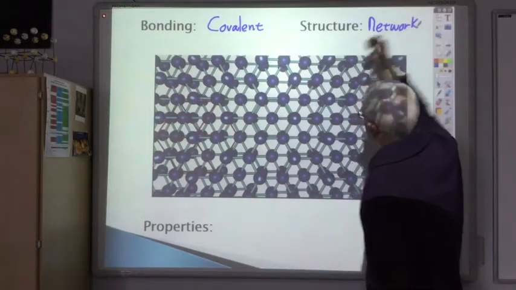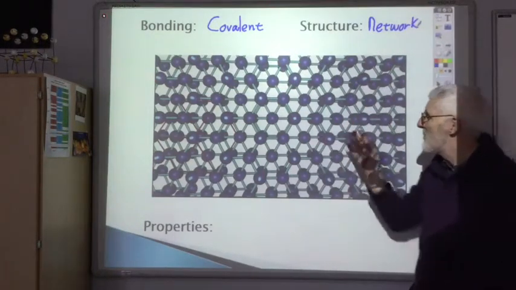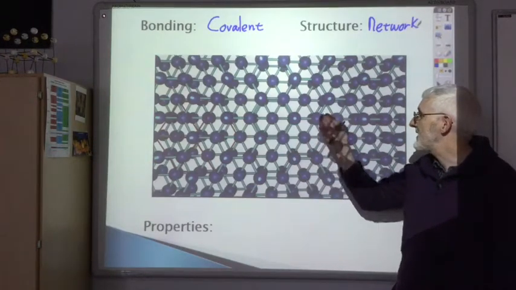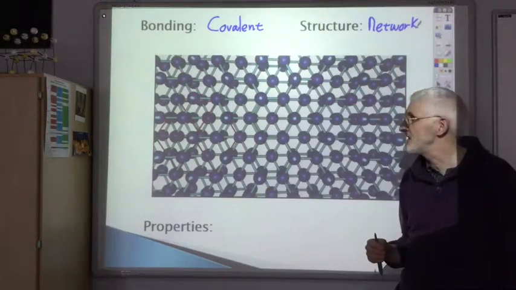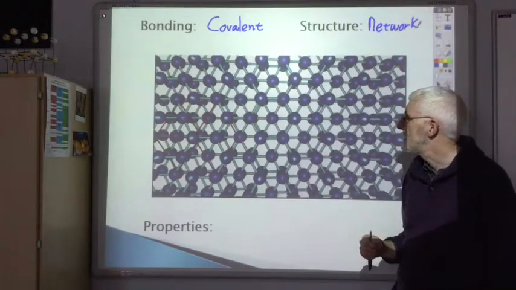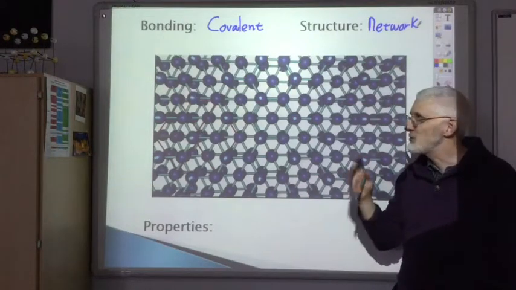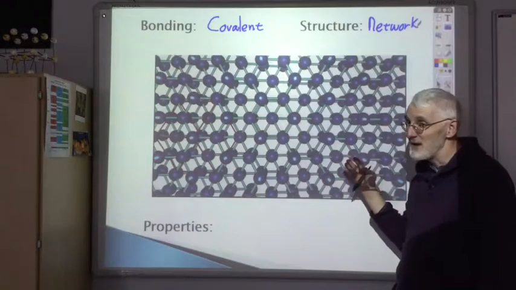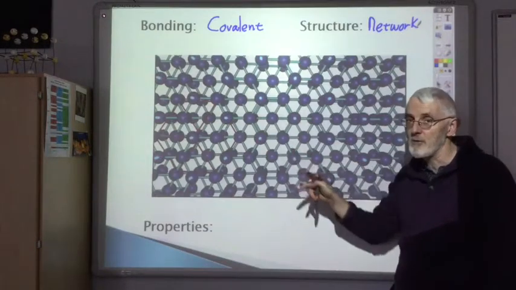And what this picture is trying to show is there's billions and billions of atoms joined together with strong covalent bonds. It could be all carbons or all borons or all silicons, but billions of atoms all joined together by strong covalent bonds.